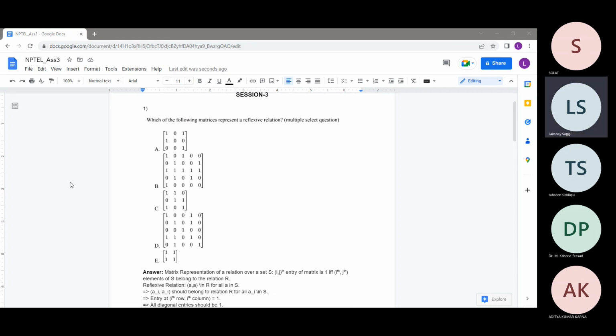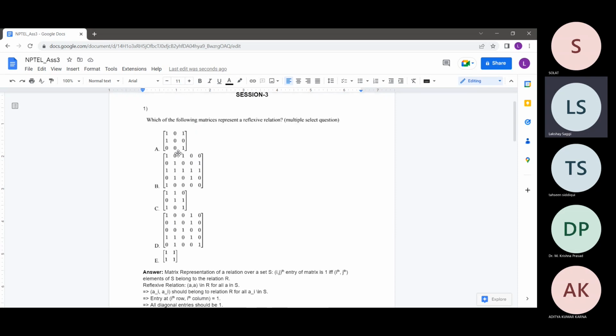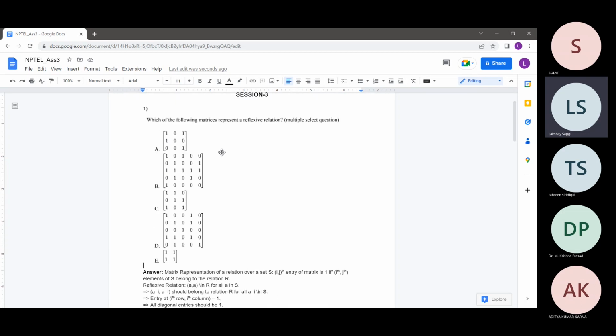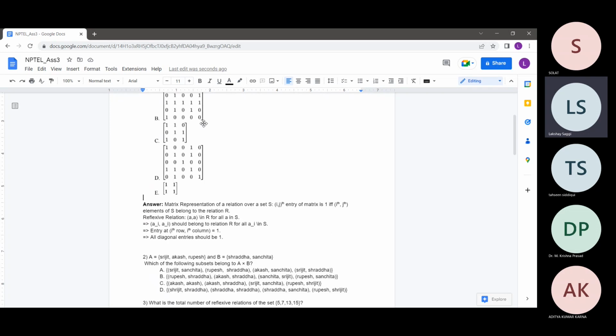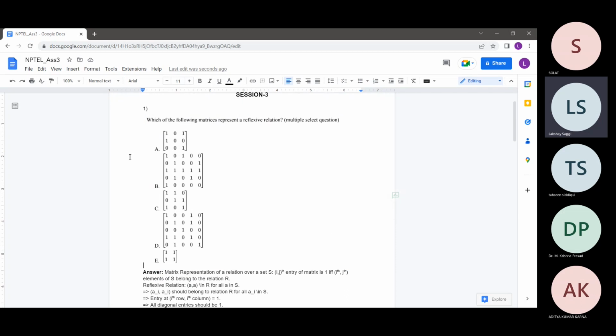So here, yeah, some people are writing the answers in chat. So let's just see in what matrices all the diagonal entries are 1. Basically in the first option, we can see that the second row, second column is 0. So option A is not a reflexive relation. Similarly, in option B, we can see that the first diagonal entry is 1, the second is 1, third is 1, fourth is 1, but the fifth is 0.